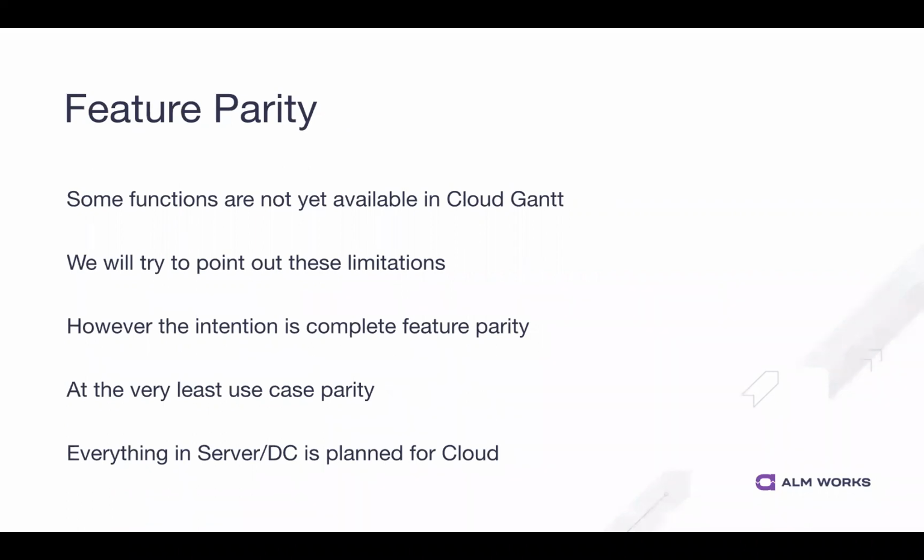I'll try to mention those limitations, but you don't really need to worry about it too much because the goal is for these products to be interchangeable. We want everything that's available on-prem to be available on cloud. Of course, in a perfect world, that would be perfect feature parity. In the case that they can't be, there will at least be use case parity.